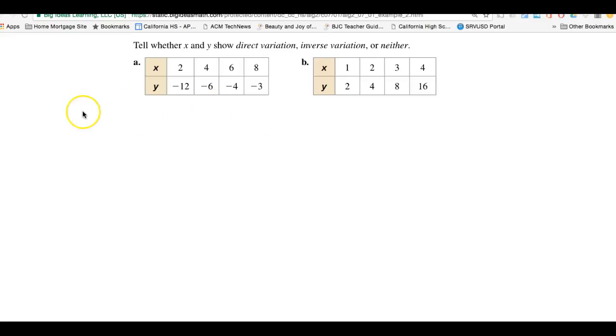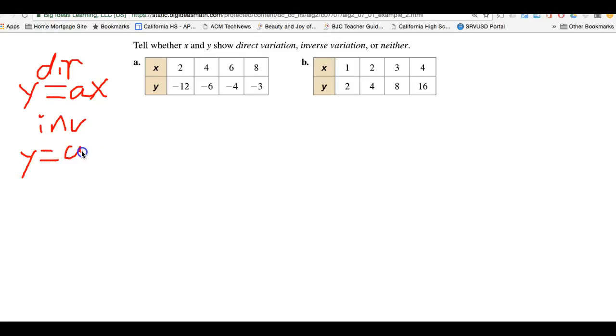or neither. Now, just as a reminder, direct variation is when our variables are related in this manner: y equals a times x. That's direct variation. And inverse variation is when we have y equals a over x.